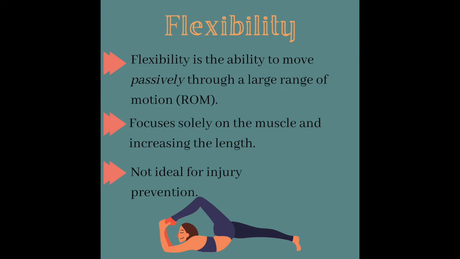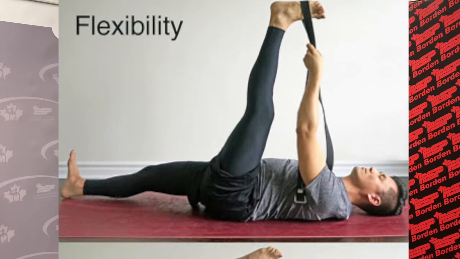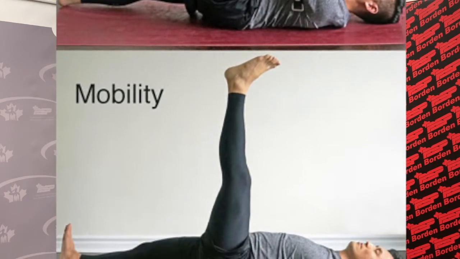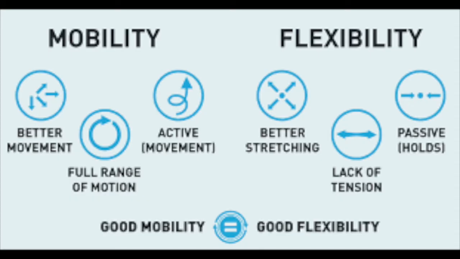The difference here between mobility is that mobility allows you to have that same range of motion or something close to it, but it also keeps integrity within the joints. So it's one thing to be able to do the splits. It's another thing to be able to have some sort of weight when you're going into the splits, or make sure that those joints are super strong if you were to have somebody accidentally knock you over when you're doing the splits, right?